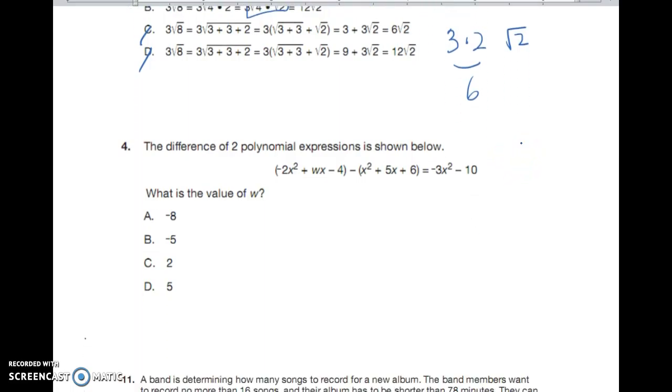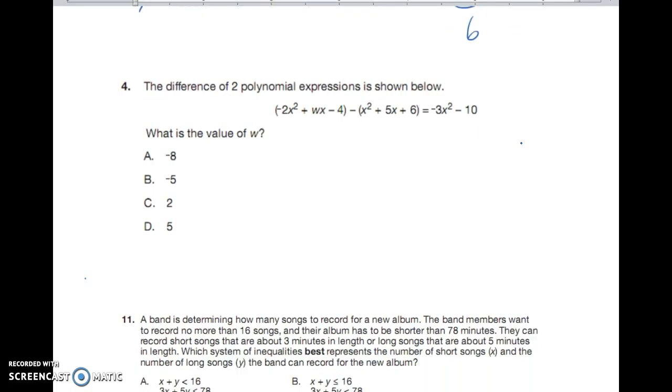The next question asks us, the difference of 2 polynomial expressions is shown below. So what is the value of W? If I look at these expressions, I know it's subtraction because of this subtraction sign in the middle, that minus sign. W has to do with the x terms.